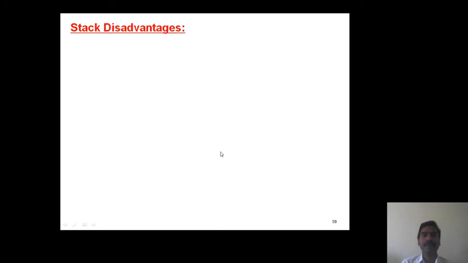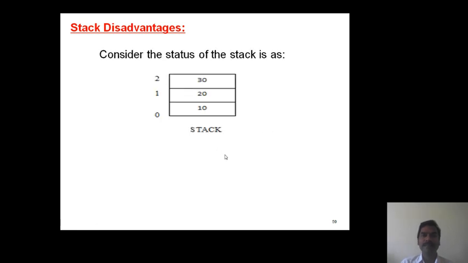Then stack disadvantages. Now consider the status of the stack in this format, where the size of the stack is 3, and elements are inserted into the stack like 10, 20, 30. Now 30 is the topmost element of the stack.